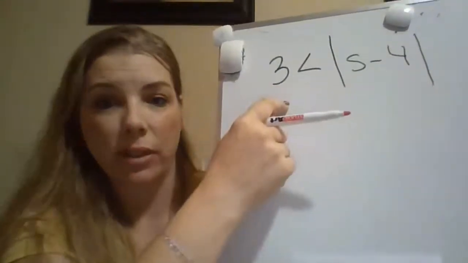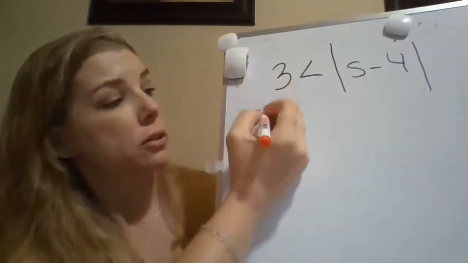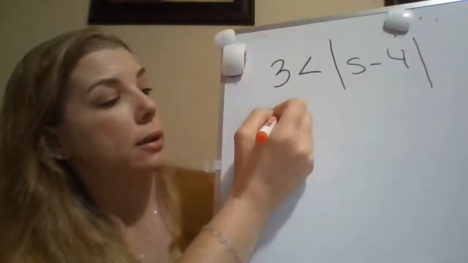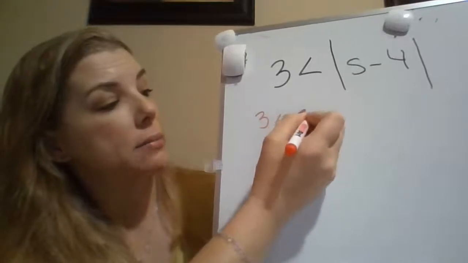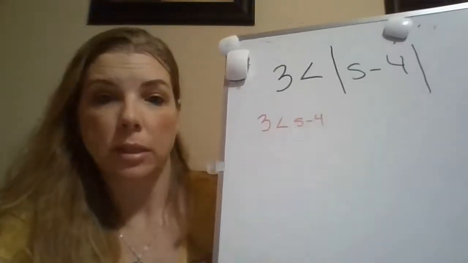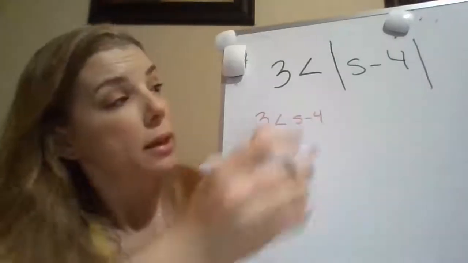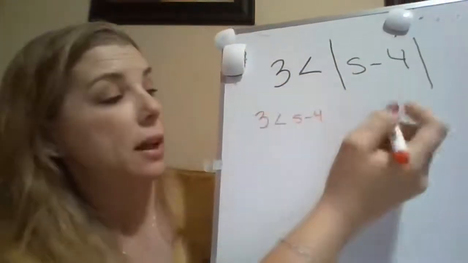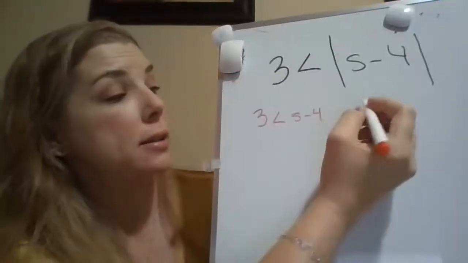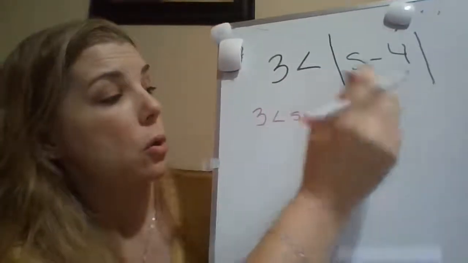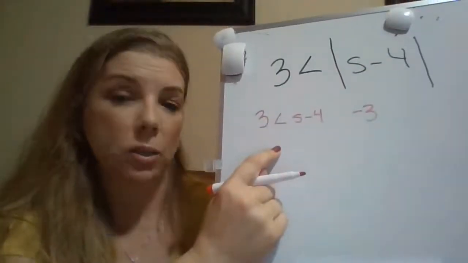That doesn't change for these. So first, just take it as it looks: 3 less than s minus 4. Let's keep it like that. Then you have to do the negative side. But if we flip the sign to cover our negative, we have to flip the inequality as well.